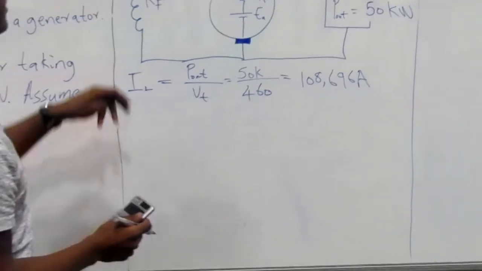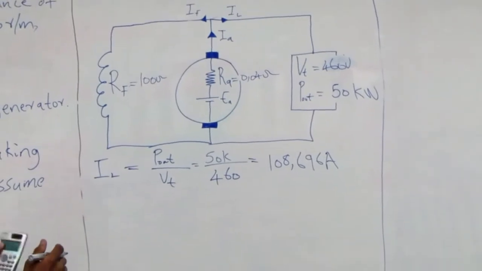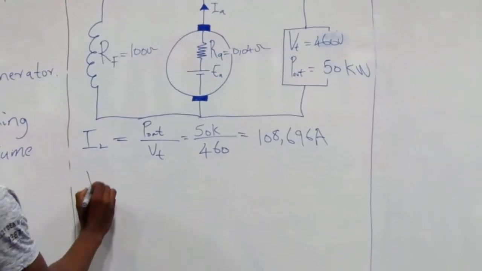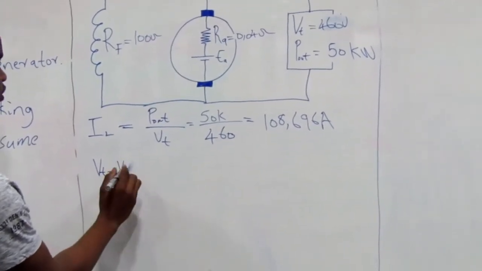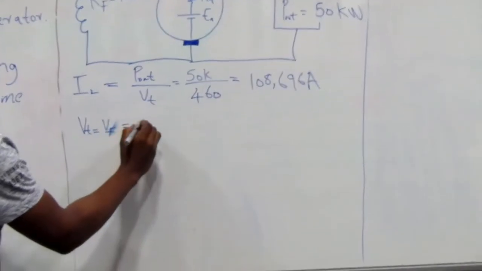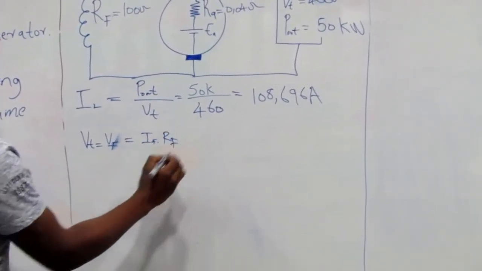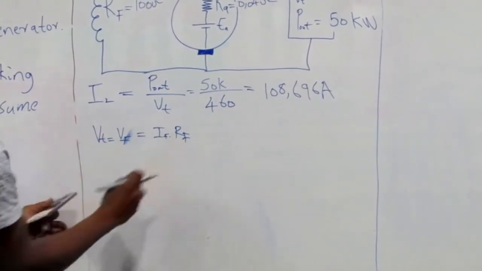Then the second step is to calculate the field current. How to calculate the field current? V terminal equals V field, which equals IF times RF. So we need IF, and we do have V terminal and RF.